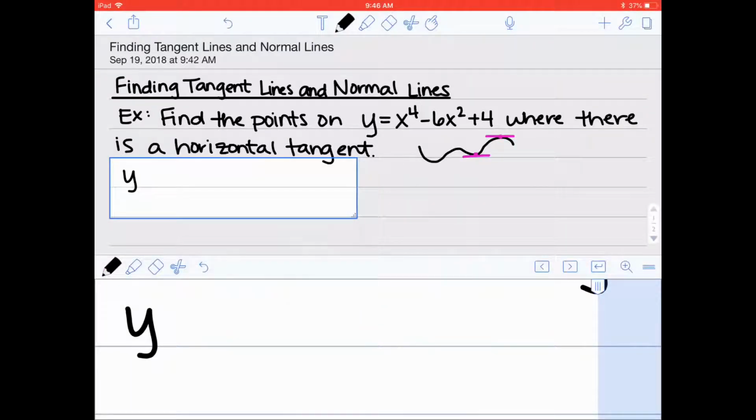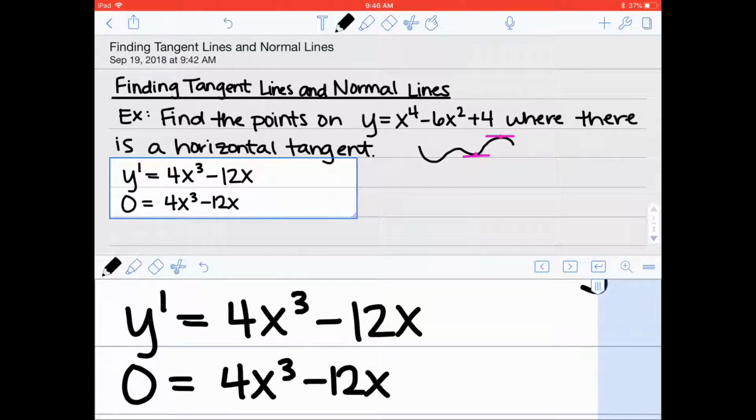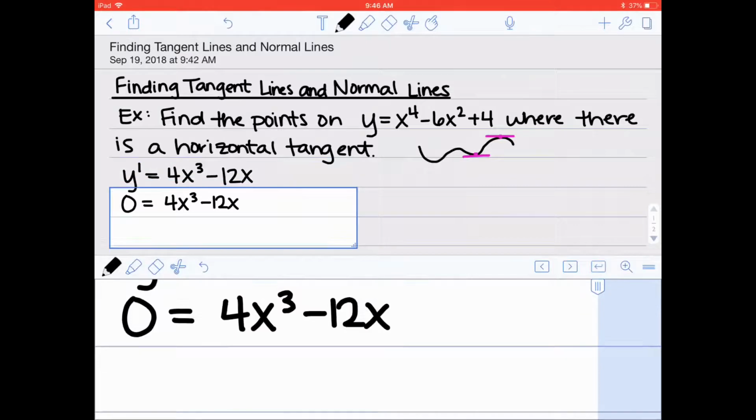So if y equals x to the fourth minus 6x squared plus 4, then y prime, the derivative, would be 4x to the third minus 2 times 6 is 12, x to the first. And I don't even have to write that. And now I can go ahead and just set this equal to 0. So what I have is a cubic. I'm going to go ahead and factor that to solve it.